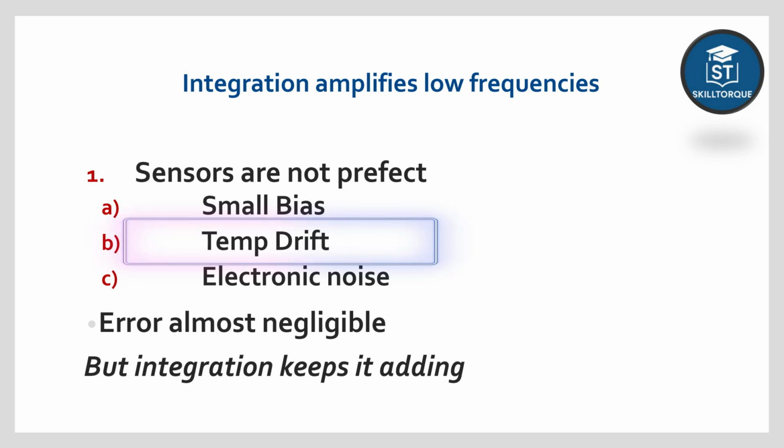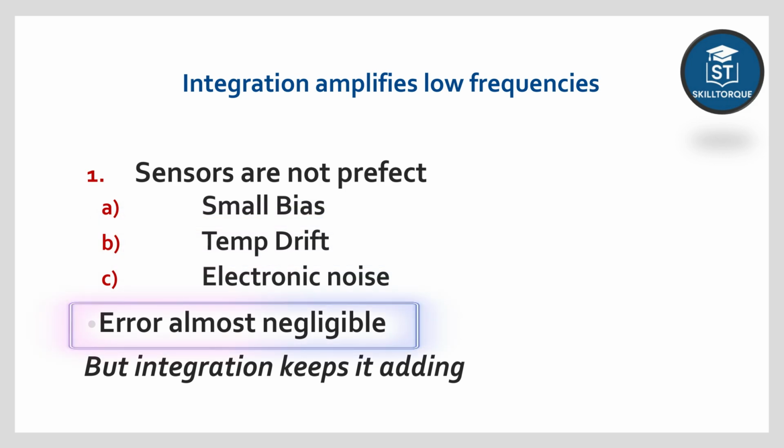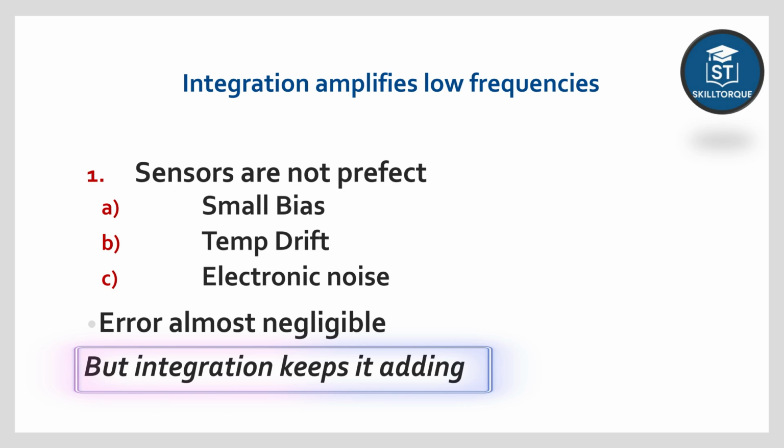This error is very slow and very small, and we can't even see it, and definitely we are not considering it. But integration cannot tell the difference between the sensor error and any minor variation, and since integration always adds up, it keeps adding things.